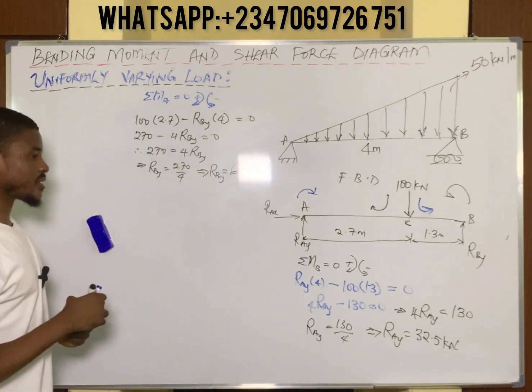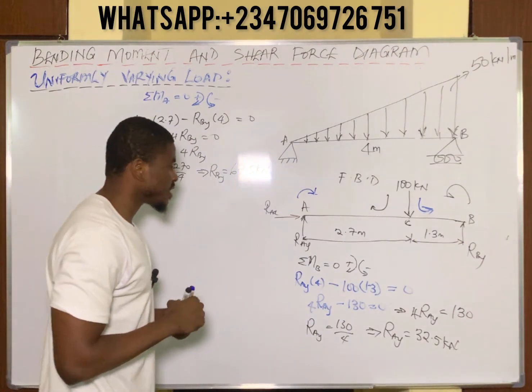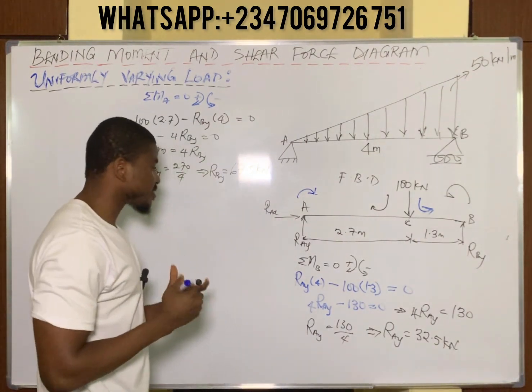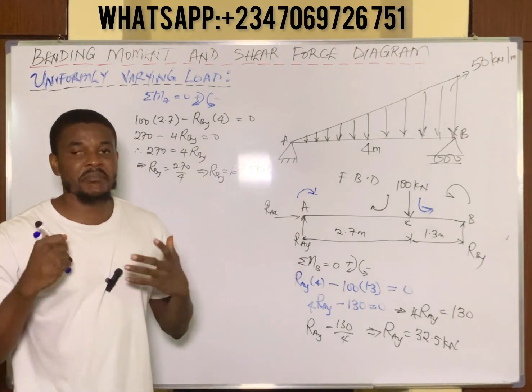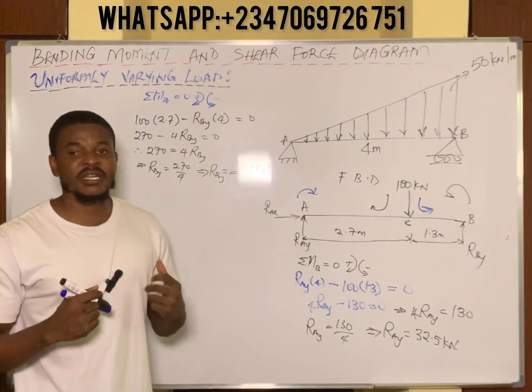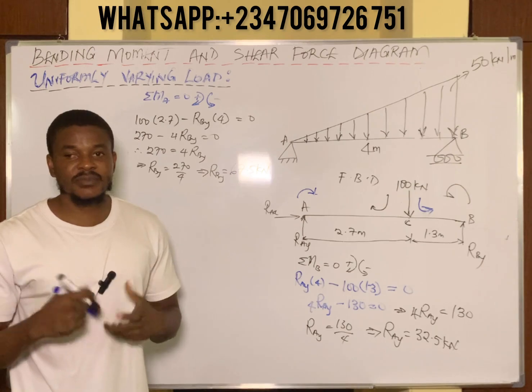So that becomes the reactions. Okay, having found the values of the reactions, our next target is to carry out our shear force and bending moment analysis. And then we'll head on to plot the diagrams.